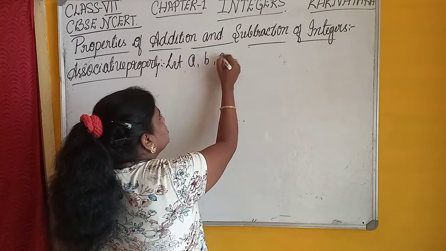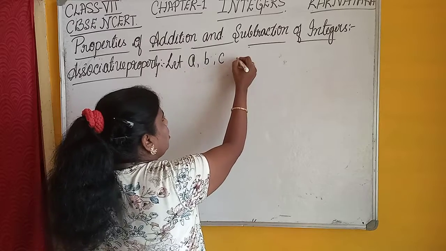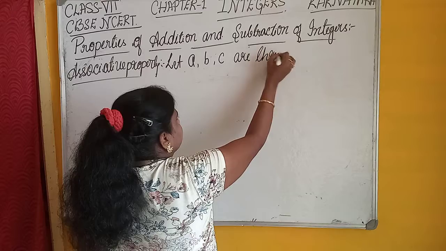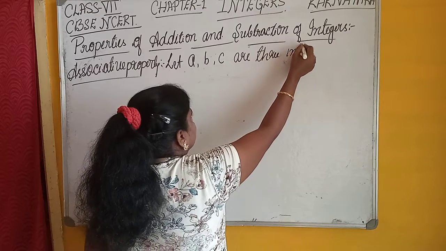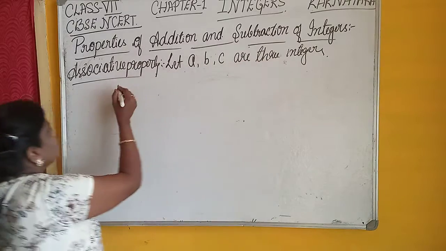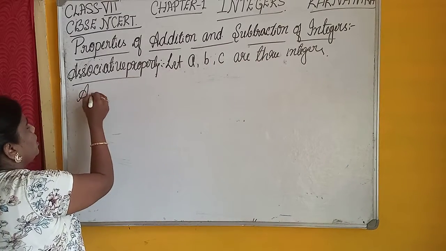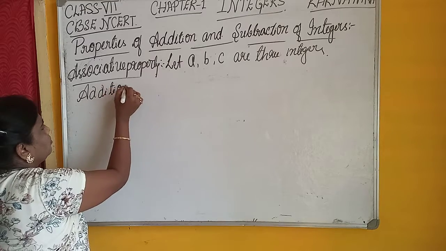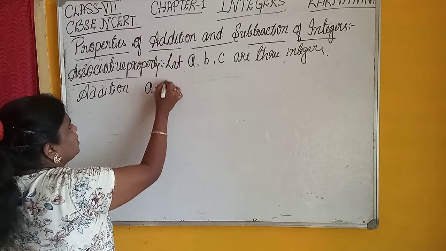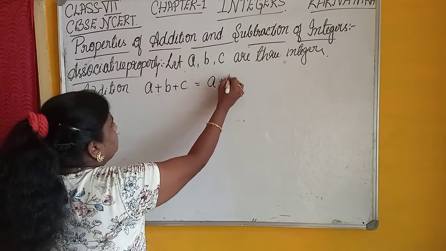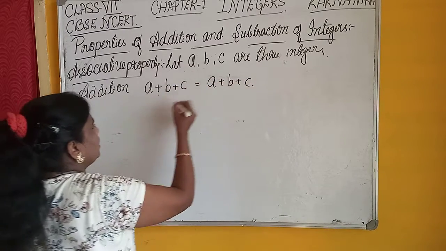Let a, b and c be three integers. The associative property of addition is (a plus b) plus c is equal to a plus (b plus c).